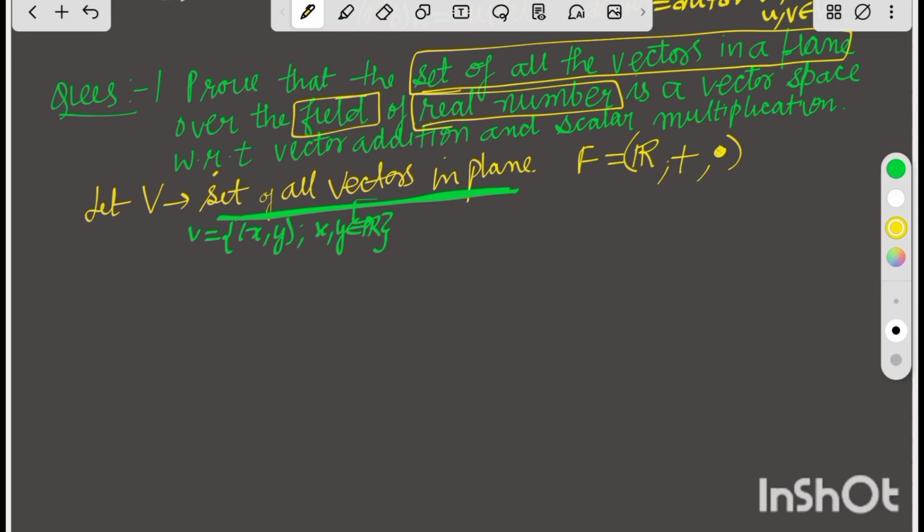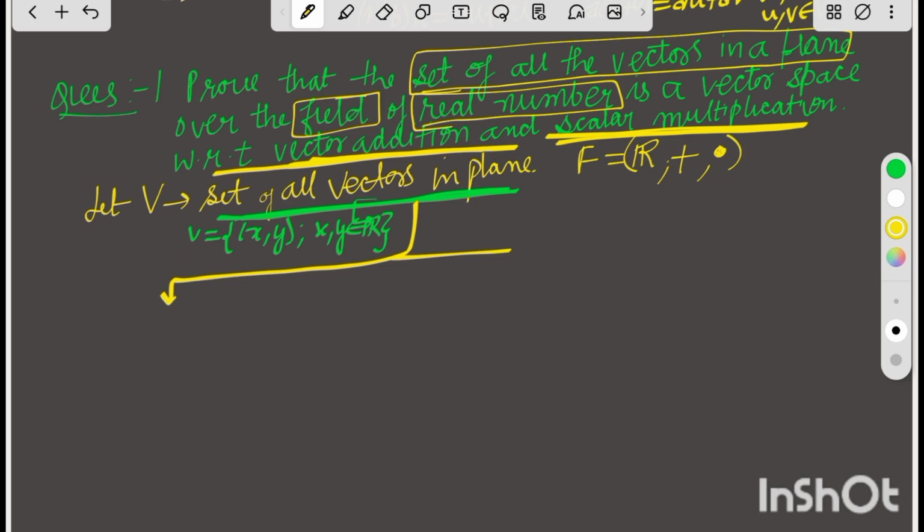And the operations with respect to the vector space V are vector addition and scalar multiplication. How is the vector addition defined? The symbol is the addition and here is the scalar multiplication.